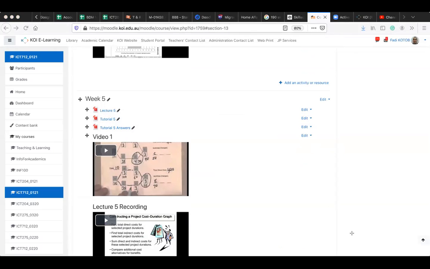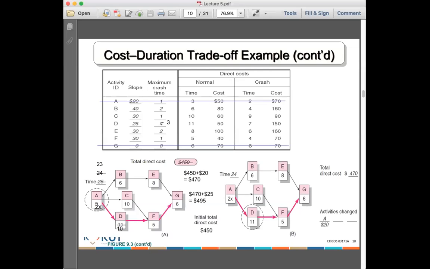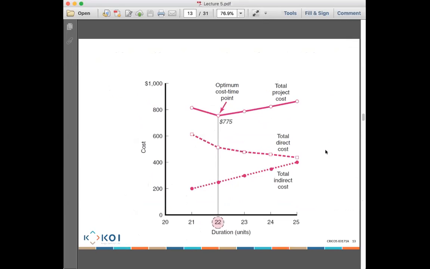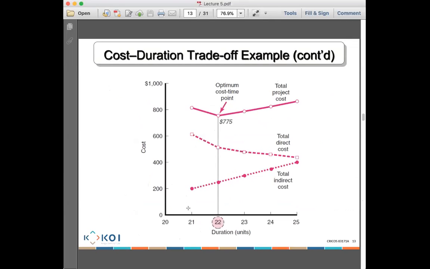If you go and see here, you'll be able to see on the calculation that we gave you a graph, and that is the graph which tells you, okay, 21 days, indirect cost, direct cost, total cost, you draw it. 22 days, indirect cost, direct cost, total cost.